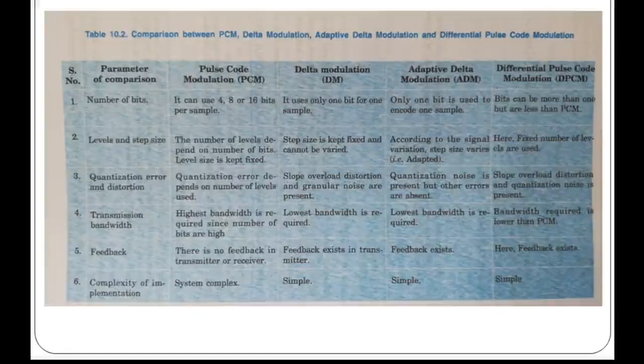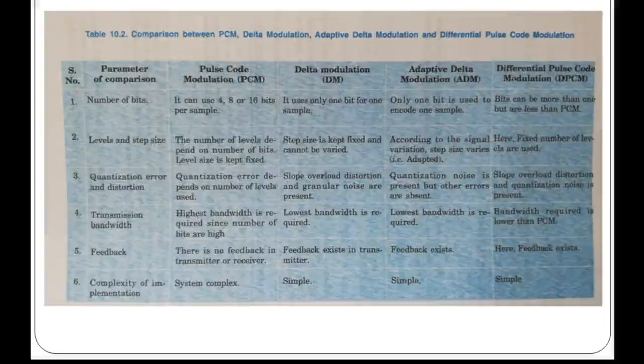In adaptive delta modulation also we are transmitting only one bit, so delta modulation and adaptive delta modulation both will have the lowest bandwidth, and the bandwidth in DPCM is somewhat less than PCM but higher than delta modulation and adaptive delta modulation. In pulse code modulation there is no feedback in the transmitter or receiver. In all other modulation schemes the feedback will exist.